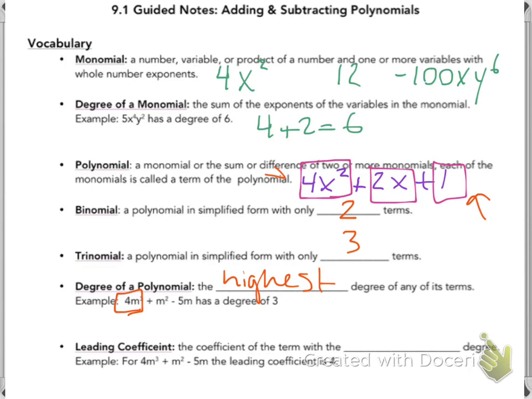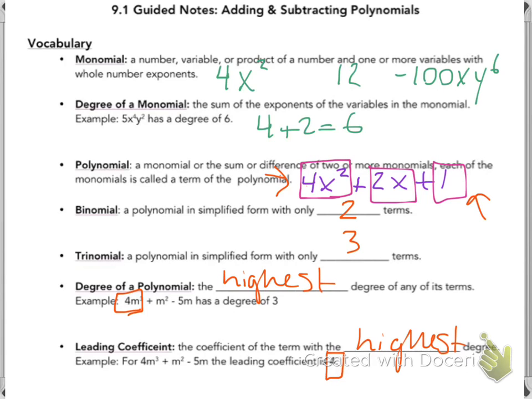The example I gave you up here would have a degree of 2 because of the 4x squared. And then the last thing you need to know, the leading coefficient, is the coefficient of the term with the highest degree. So for 4m cubed plus m squared minus 5m, the leading coefficient would be 4.